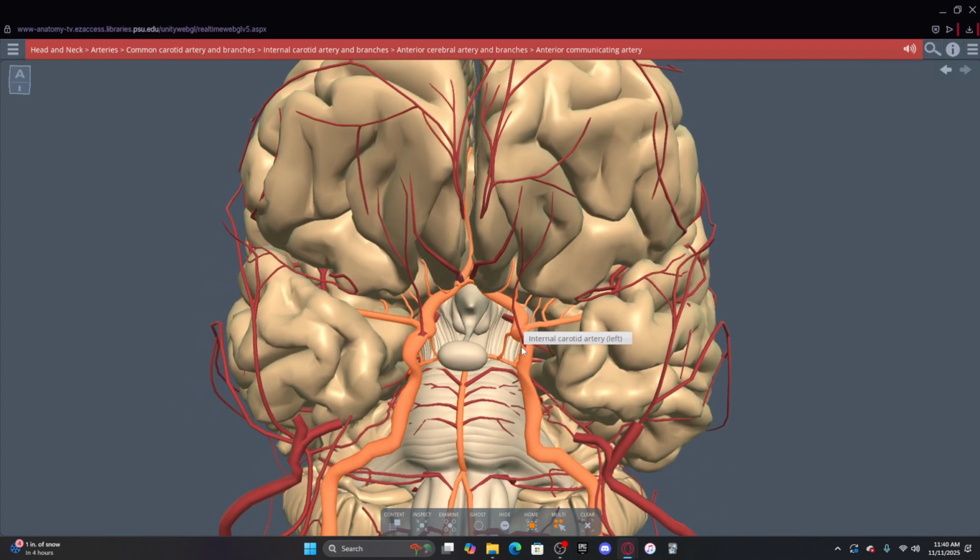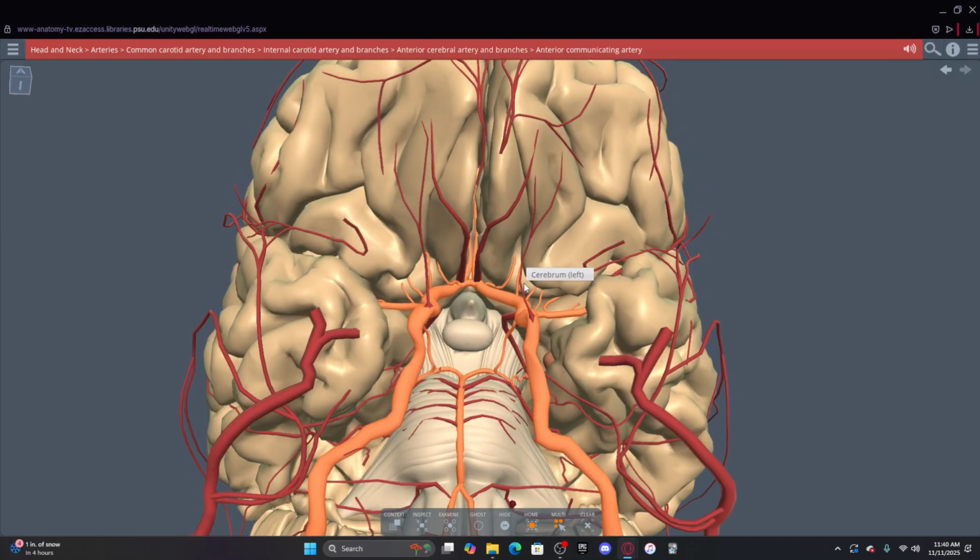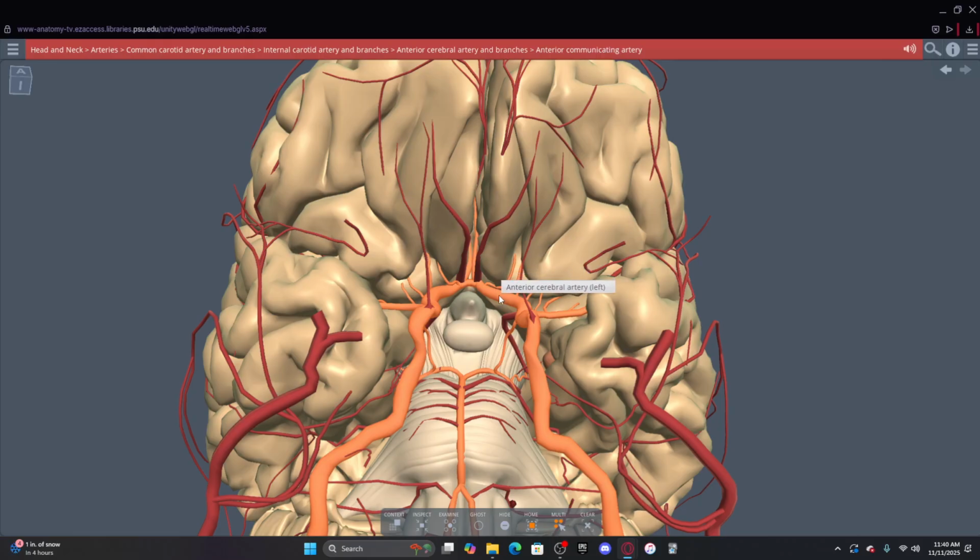And then also blood is flowing into the anterior cerebral artery. And in between the two anterior cerebral arteries, right and left, we have the anterior communicating artery.